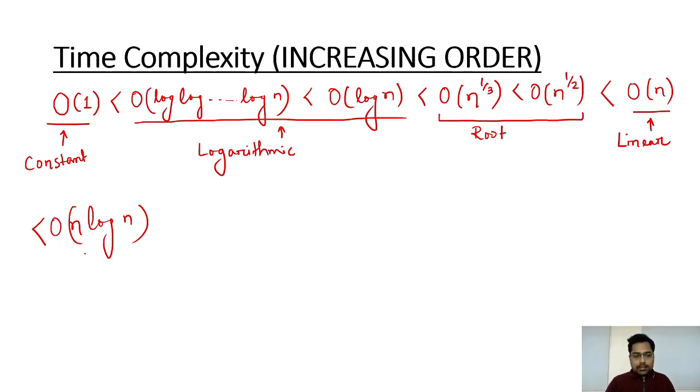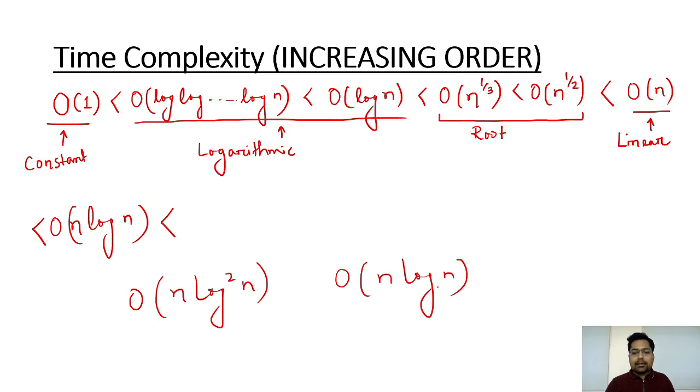This will be greater than n. If anyone asks which one is greater, big O of n log square n or log n, log square is simply n log of log n.